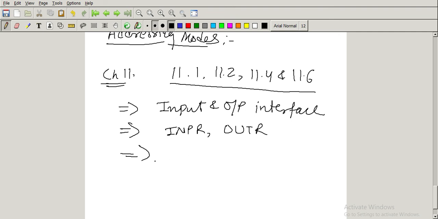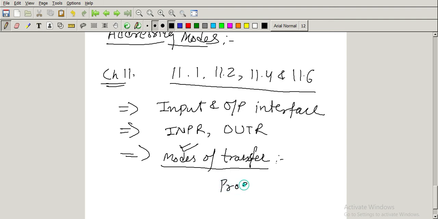Then we have modes of transfer, which is another important topic. Modes of transfer, right? The ways in which the computer transfers data from one register to another. So there are various modes, so you have to study that, which is programmed IO.